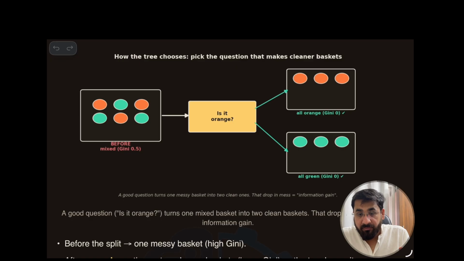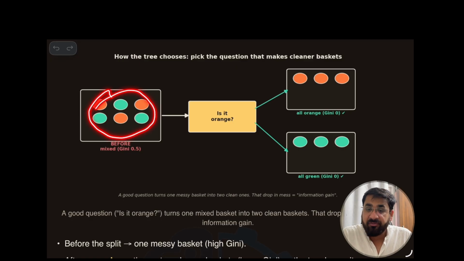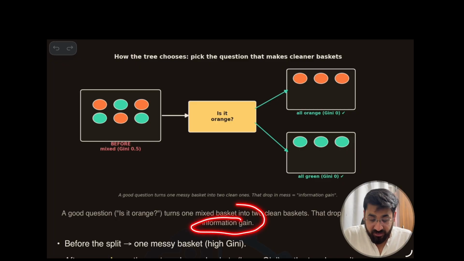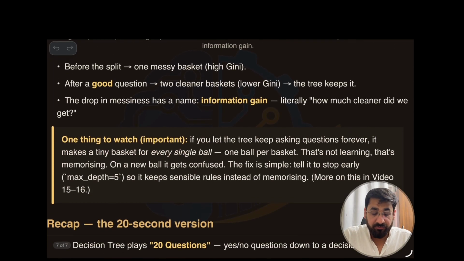The drop of this messiness. What is messiness here? Everything was 50-50, completely mixed, completely messy. One question completely transformed the whole picture, and now we have orange separately and green balls separately, and this term is called information gain. You can see, just one good question and the degree of information gain is something you can't even imagine.